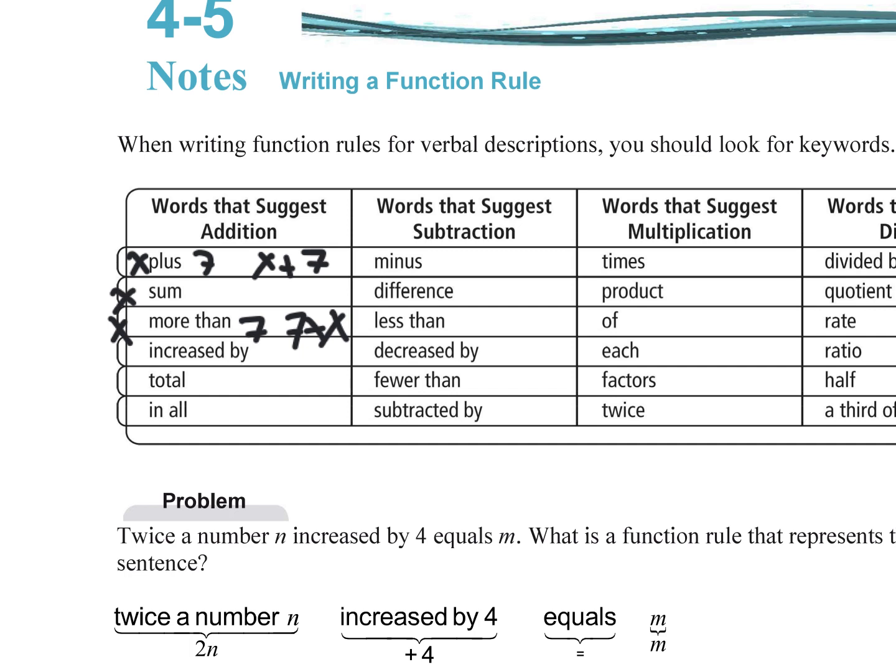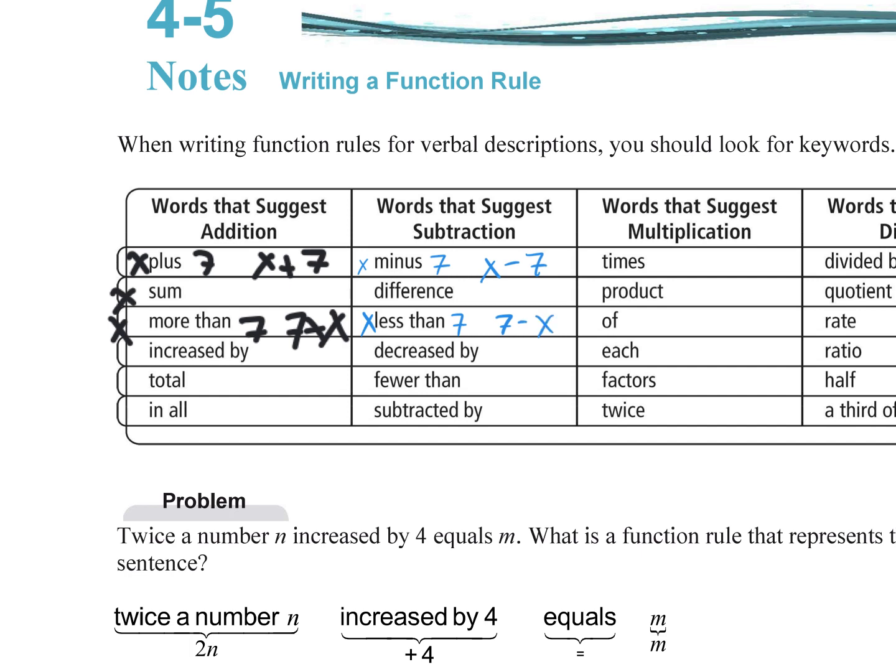Now for the minus, we would have, let's say, x minus 7. I'm going to do it in a different color. So it would be x minus 7 in that order. Now difference is the same order as minus. If you have x less than 7, it's going to be flipped. So it's going to be 7 minus x.